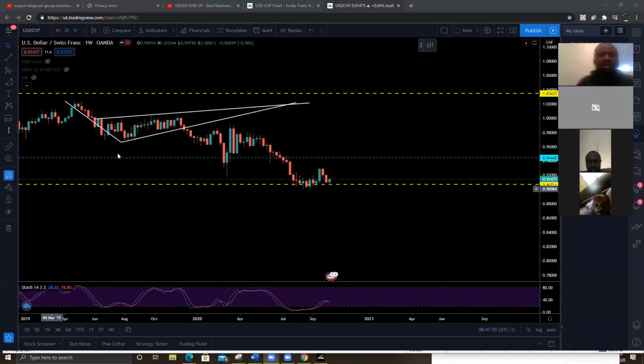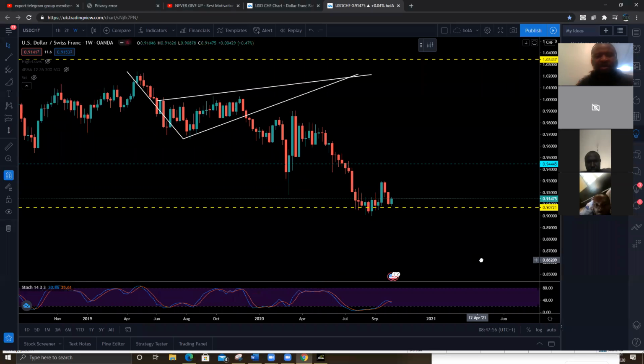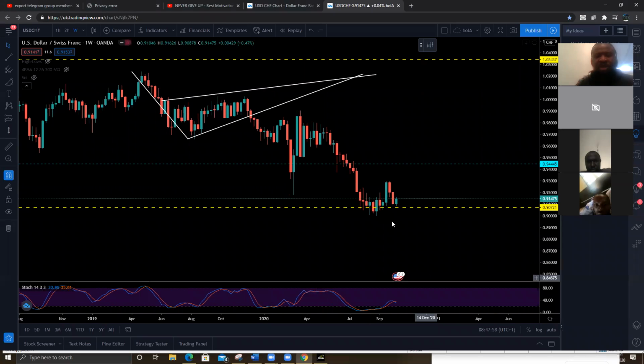Right. So basically, what we then do is we want to look for that particular area that will give us this sell opportunity, which I believe we found on a much lower time frame. So now I've come down to the weekly.